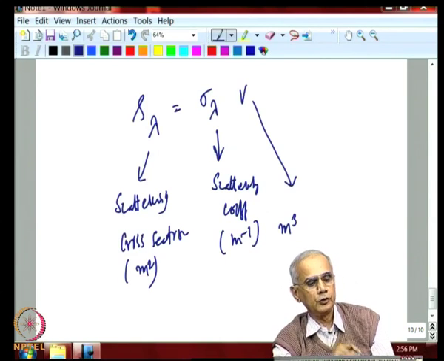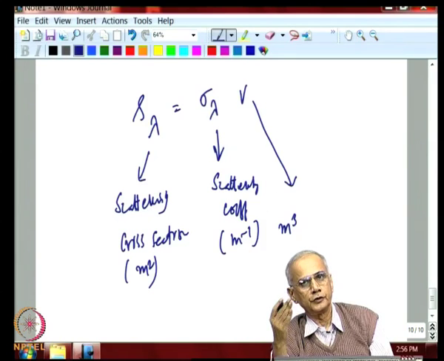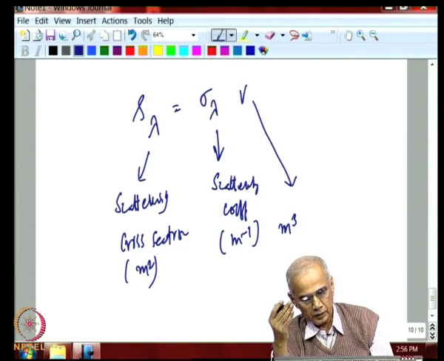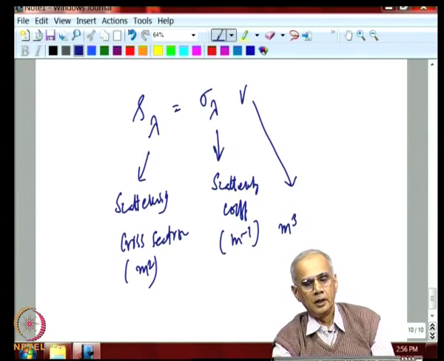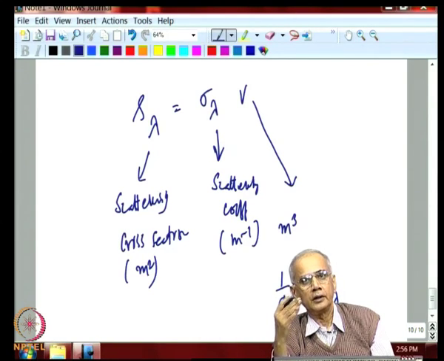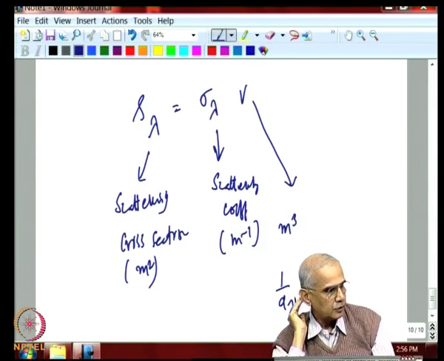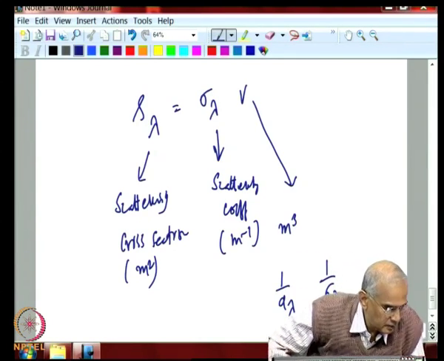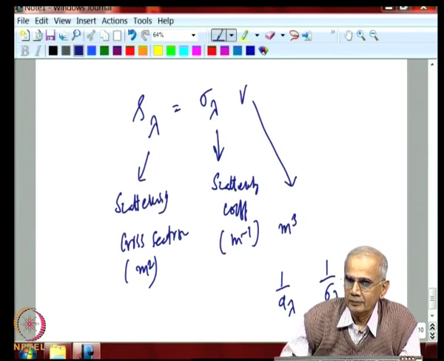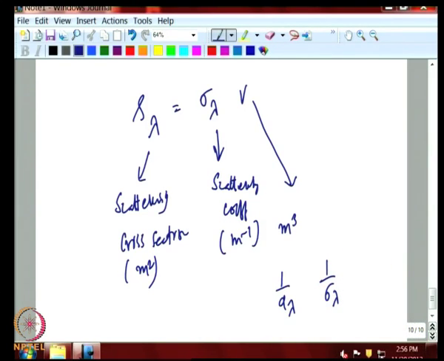So, many people prefer to use cross section, but we prefer to use absorption coefficient and scattering coefficient, because when you take the inverse ratio, you get the typical photon mean free path, and so that is a convenient way to understand the role of the photon.